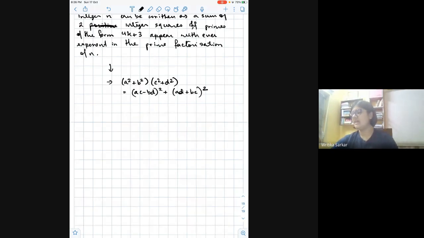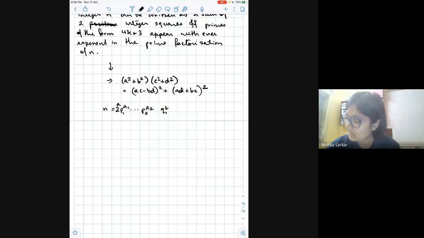So if you have any n, with primes p1 to the a1 and so on, 2 to the a, and then q1 to the b1 up to qm to the bm, and let's say the p's are all primes which are 1 mod 4. Now 2 can be written as a sum of squares as 1 squared plus 1 squared, so 2 to the a can be written as a sum of squares. Similarly, each of the p_i which are 1 mod 4 can be written as a sum of two squares. So the whole thing can be written as a sum of two squares.